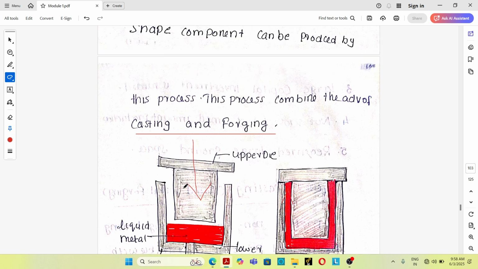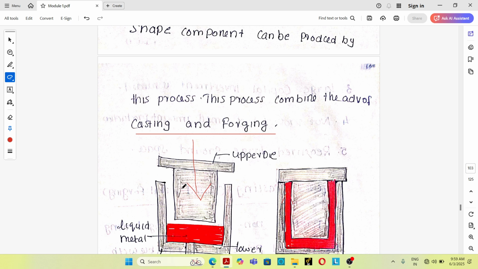In this video, I have discussed continuous casting process and squeeze casting process. These are the different types of casting process as per syllabus. There are two basic classifications of casting process: expendable mold casting process and permanent mold casting process.